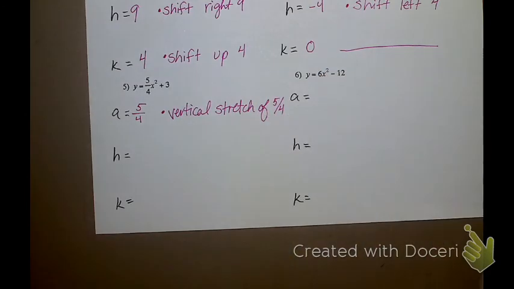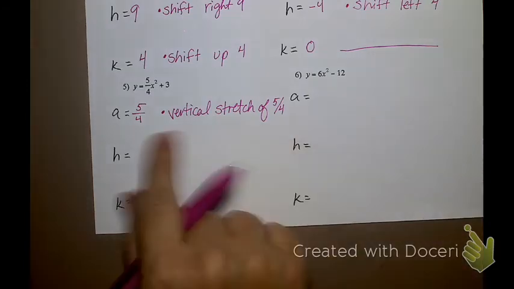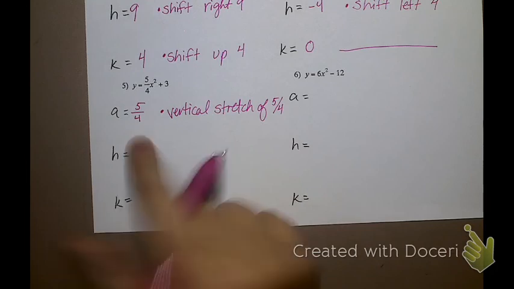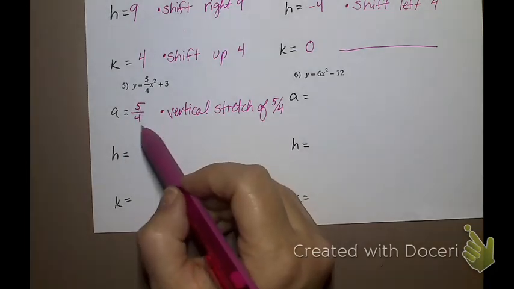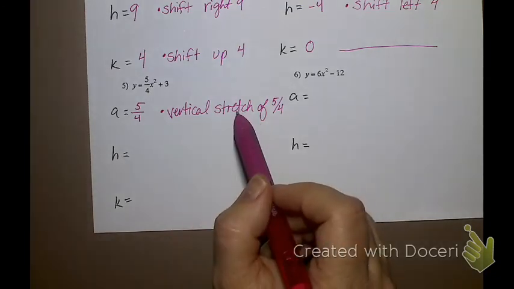I threw that one in there because some people automatically associate fraction with less than 1. And that's not always the case. You have to check. That is 1.25. If you want to go to your calculator, plug in 5 divided by 4, and it'll tell you the decimal. If it's bigger than 1, it is a stretch.